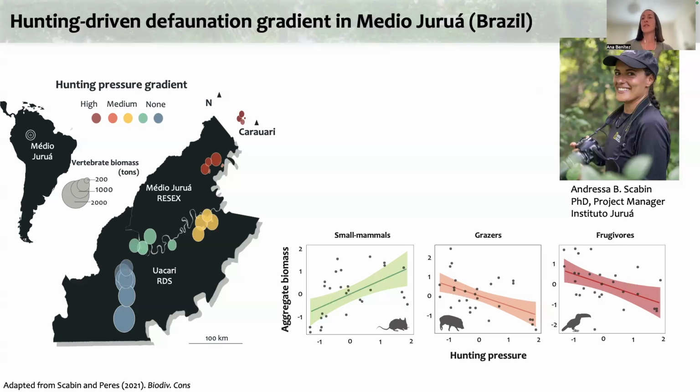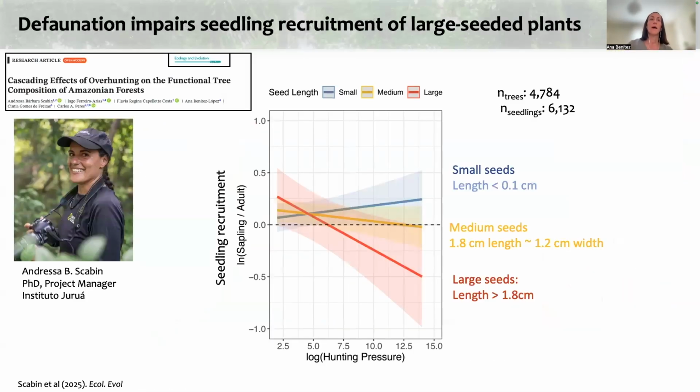So in the next chapter of her thesis, we collaborated to see whether this was having consequences for the recruitment of plant species. Here we looked at seedling recruitment, so juvenile recruitment, basically by calculating the ratio of saplings to adults. And this should be around 0 if saplings are recruiting according to the composition of adults in each vegetation plot. But this is not the case when we look at the seed size of the different plant species that are recruiting.